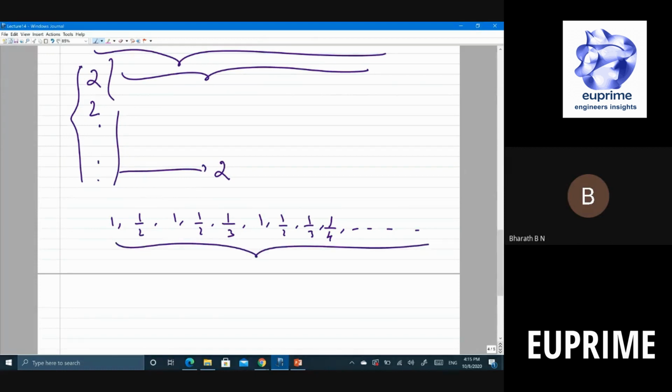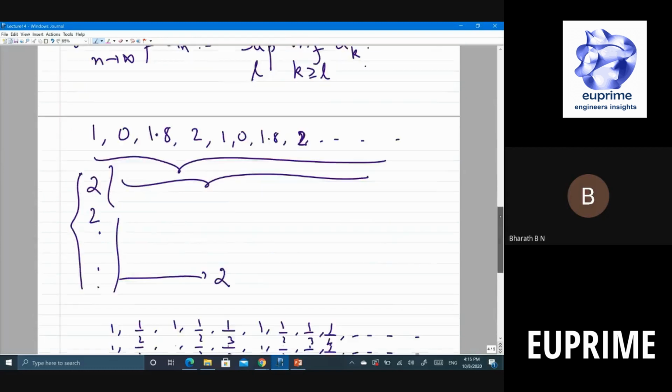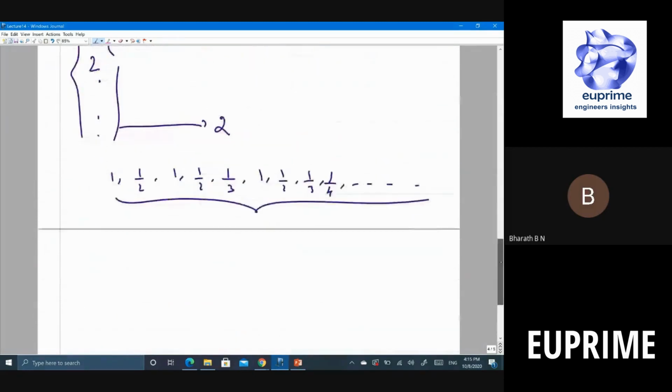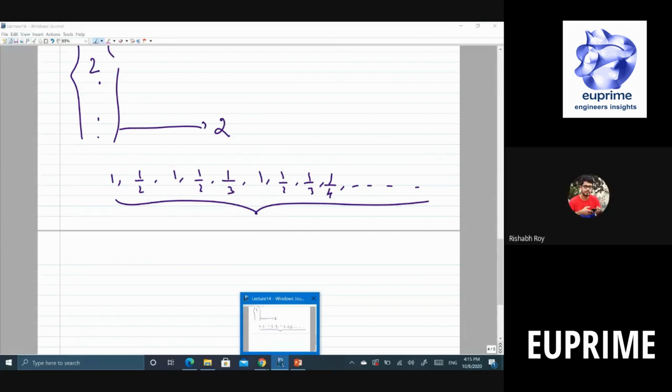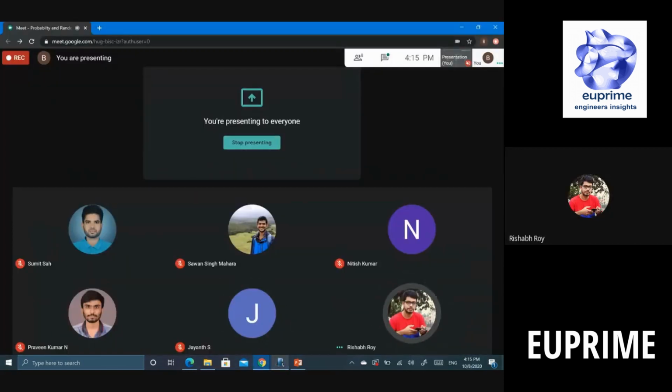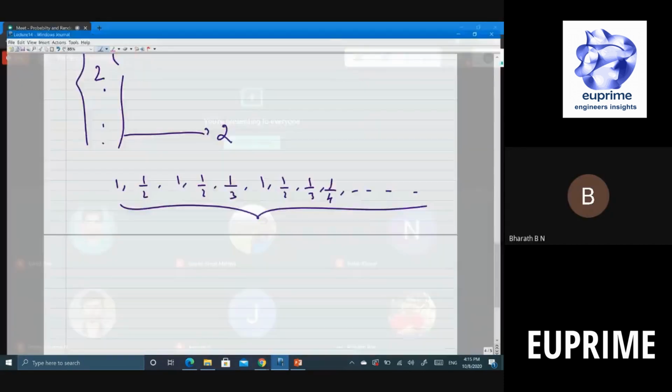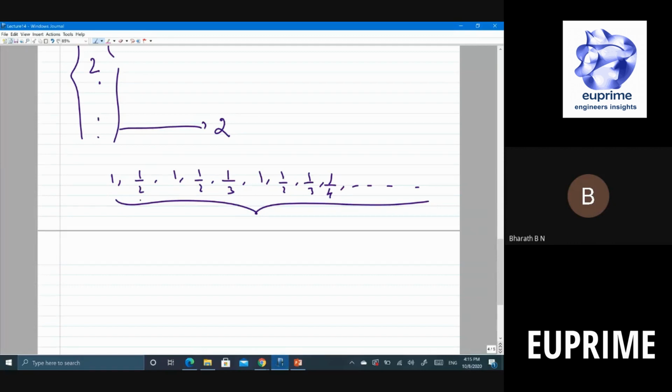Let's look at this. First thing is you have to take the infimum of this. Can somebody tell me what is the infimum of this sequence? Remember, 1, 1/2, 1/3, 1/4, 1/5, and so on.